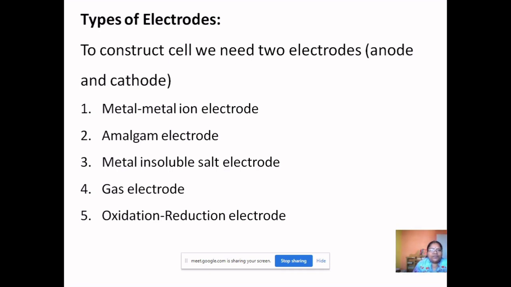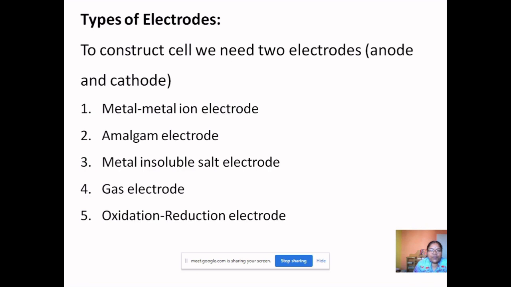Then amalgam, that is a mixture of metal with a small amount of mercury, that is the amalgam electrode. Metal insoluble salt electrode, that is metal in contact with an insoluble salt and solution.